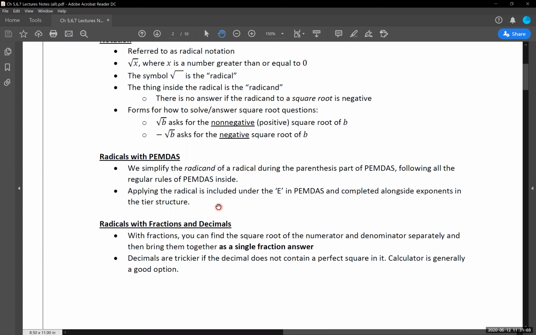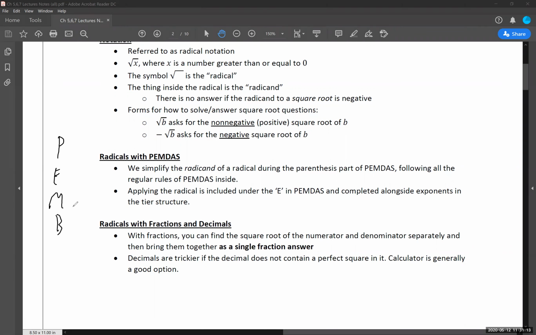So again, I'll draw this out so we have it. If you are going through PEMDAS, again, I think of it as a tier system because that just makes it easier for me.